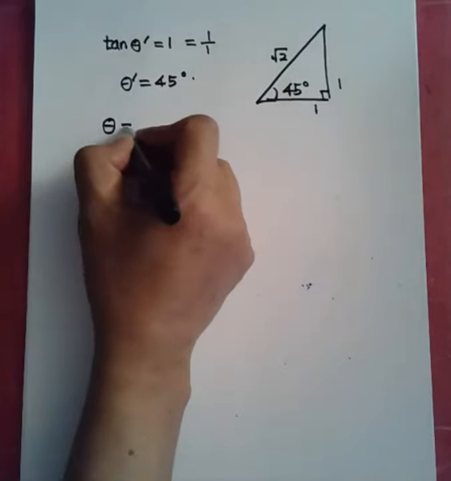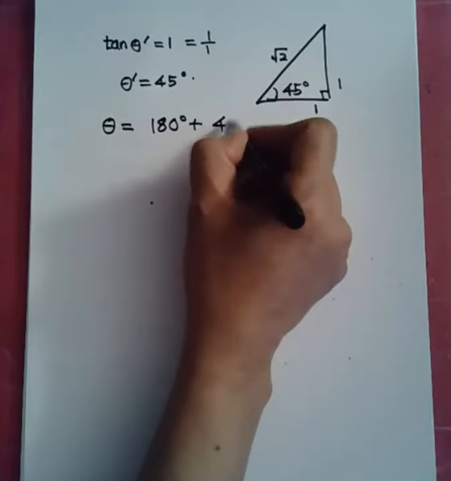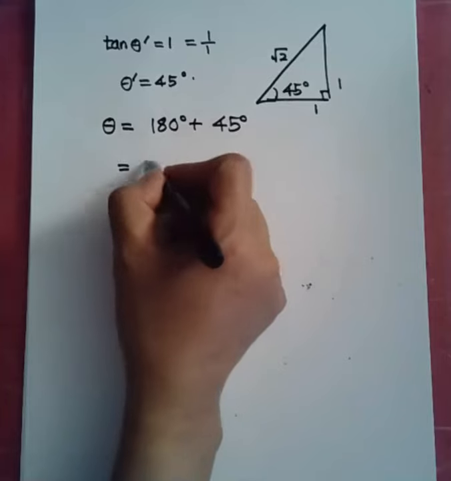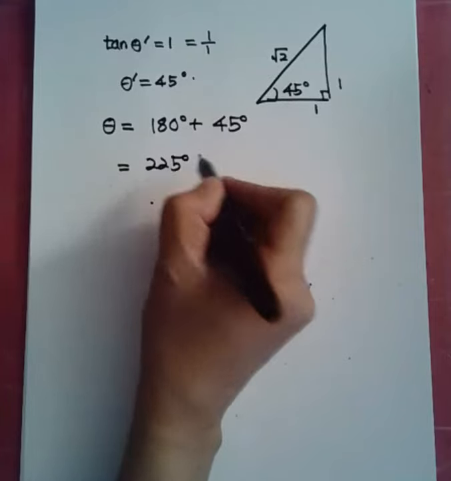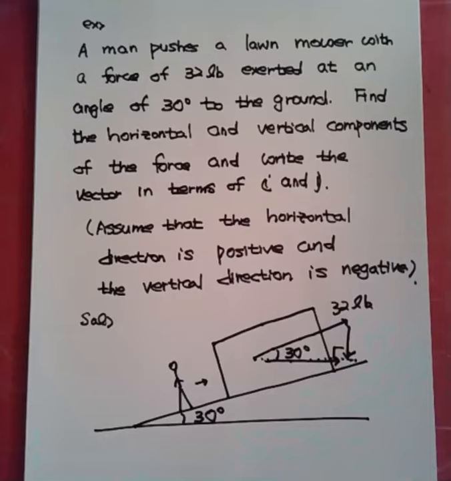So theta equals 180 degrees plus 45 degrees. That is 225 degrees. So that is the direction of the vector.